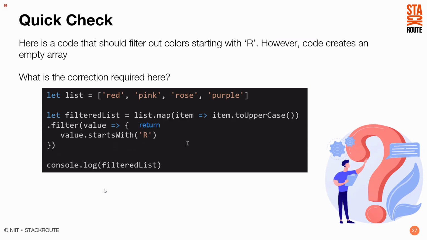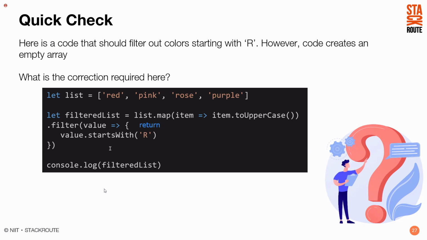Return. Before the filter, ma'am. Before this value dot startsWith R, you need to use the return keyword. So my filter needs to return whichever value starts with R. That alone will be stored in filter list.